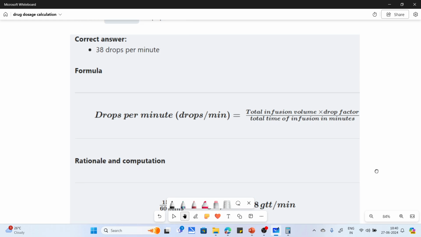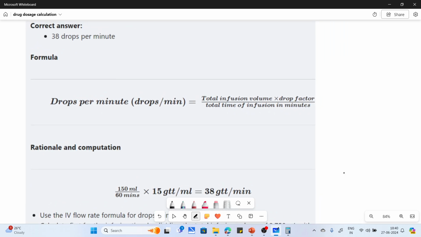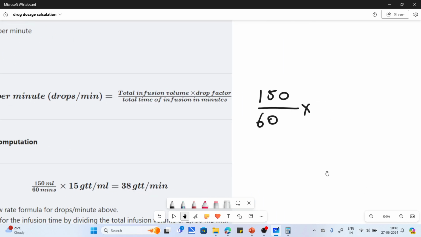So how are you going to infuse? Here they have given 150 ml within 1 hour or 60 minutes. Drop factor is 15. Now you people tell me the answer.